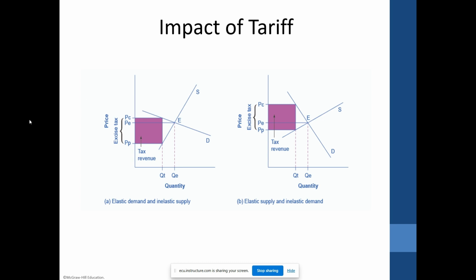Then I, the producer, bear more of the burden of tax, and the consumers bear less. But if the demand is inelastic, consumers are not sensitive or cannot respond to the price increase, and consumers bear more tax burden than the producers.